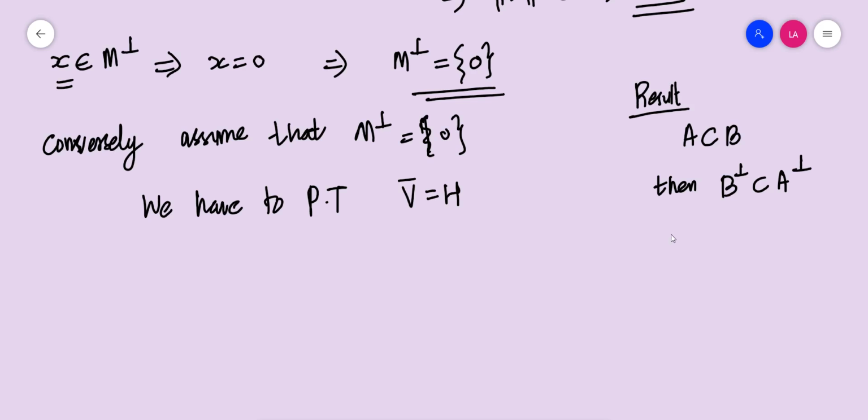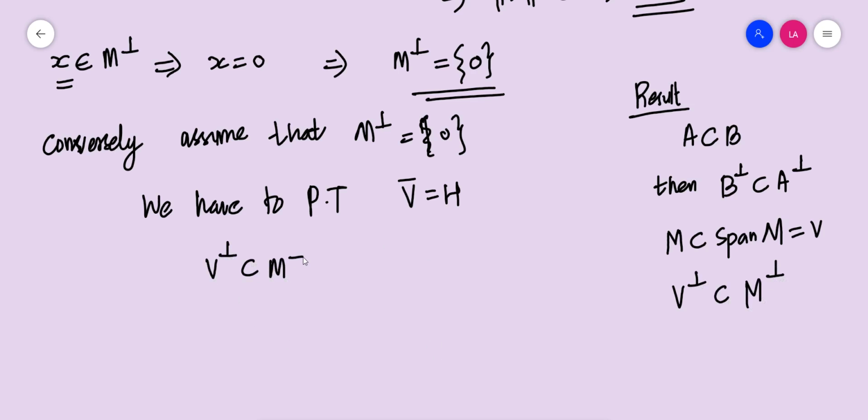Using this result, we can say that M is a subset of span M, and hence V perpendicular is a subset of M perpendicular.